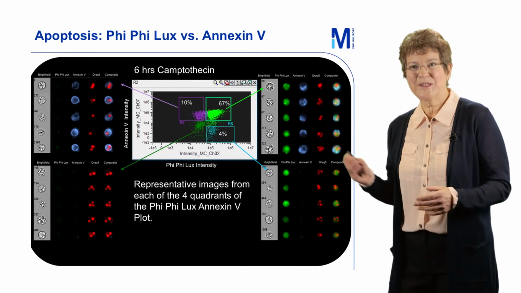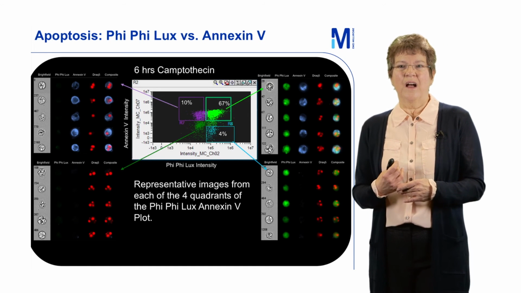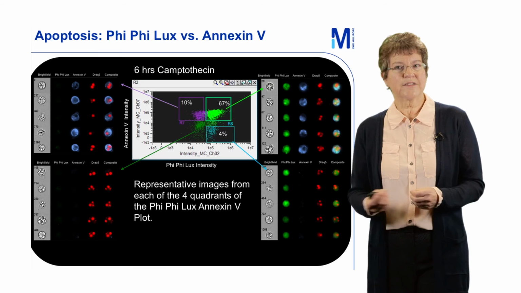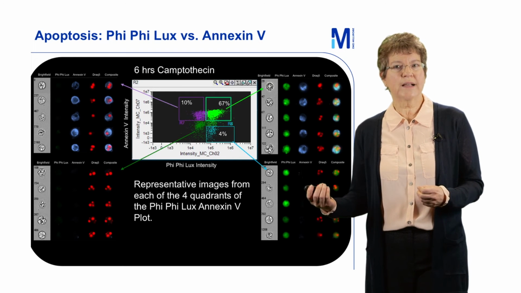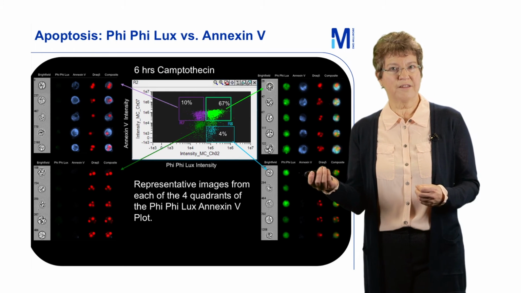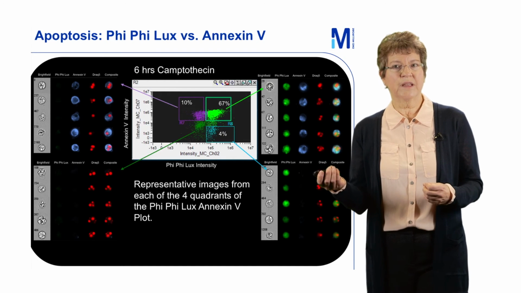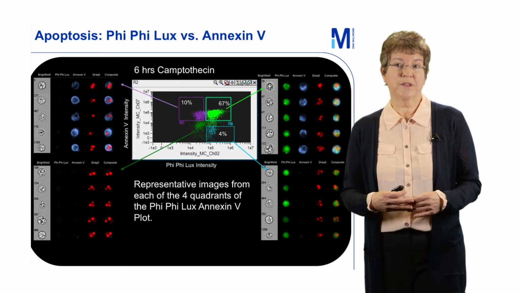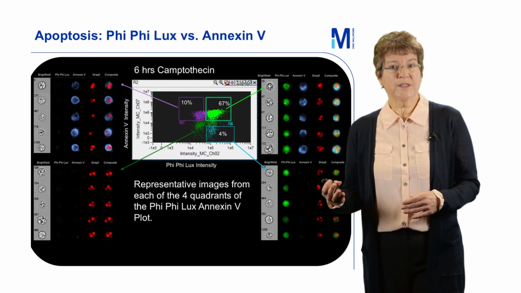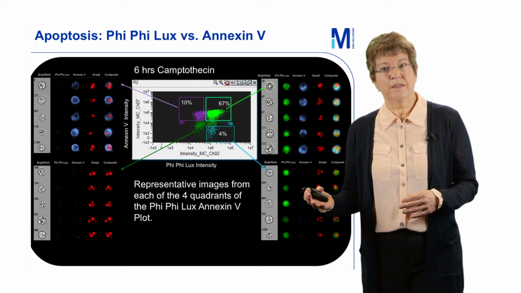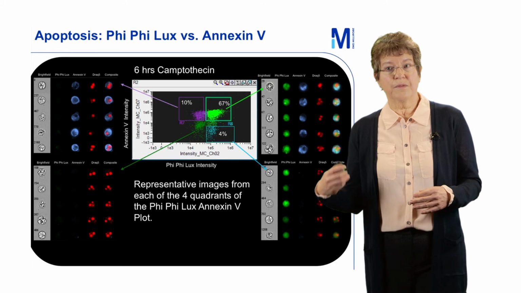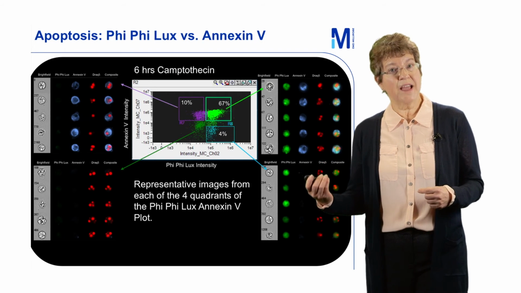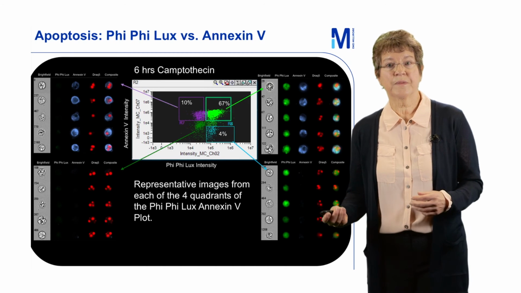This slide's a little bit busy, so let me walk you through it. On the x-axis is the Lux intensity, or the active caspase, and on the y-axis is the annexin 5 intensity. You can see that 67% of the cells are double positive. But there are a few cells, 4%, that are stained with the Lux for the active caspase, but are negative for the annexin 5.